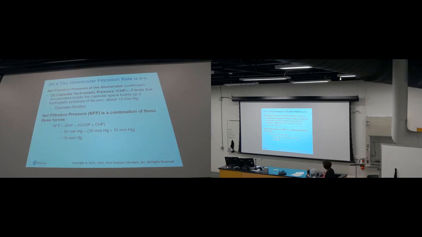And then if you subtract 40 from 50, that gives you an NFP, net filtration pressure, of 10 millimeters of mercury. So that is basically what drives fluid outside of the glomeruli to go into the capsular space, and that's what gives you the filtrate.